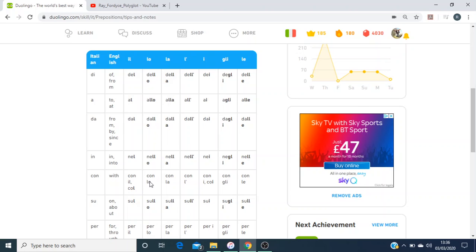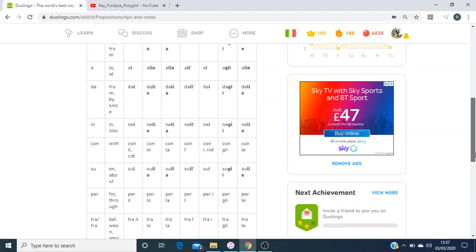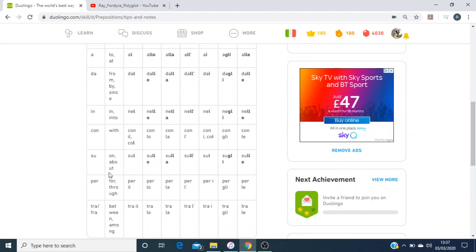So you can't say collo, colla. I don't know why, that's just a rule. And then here's another one, su, on or about: sul, sullo, sulla, sull', sui, sugli, sulle.